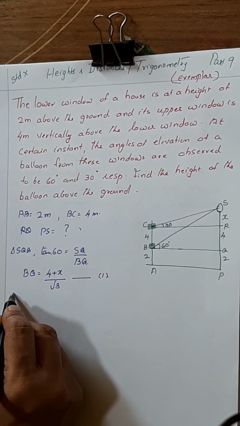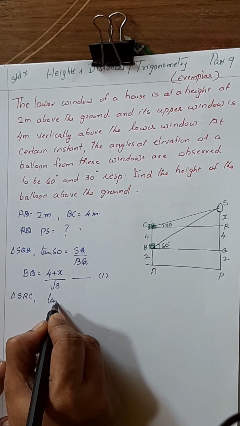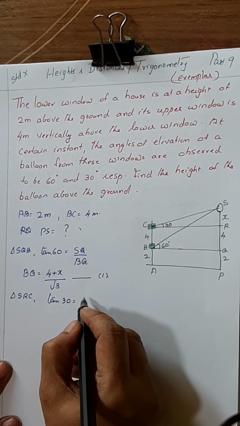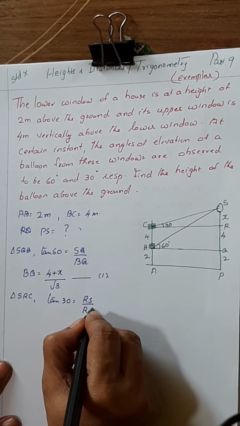Now in triangle SRC, tan 30 is equal to RS by RC.